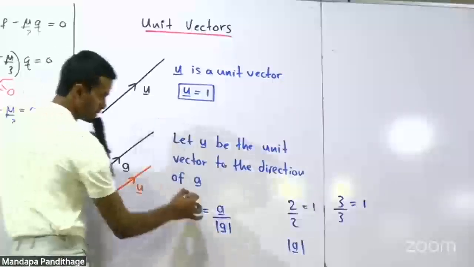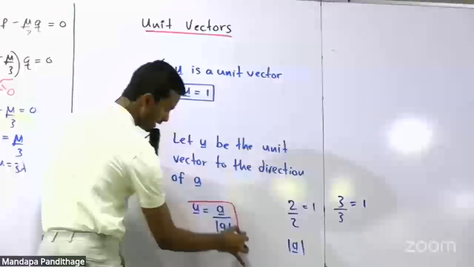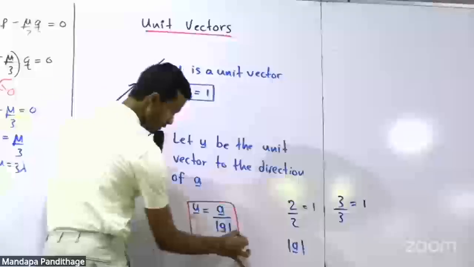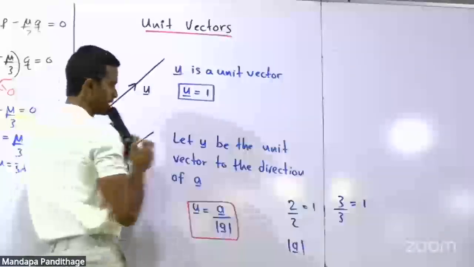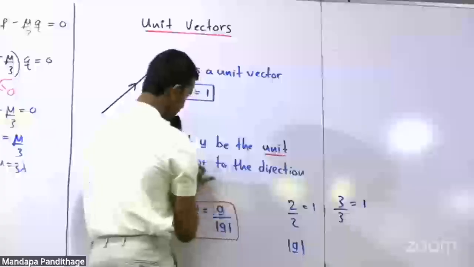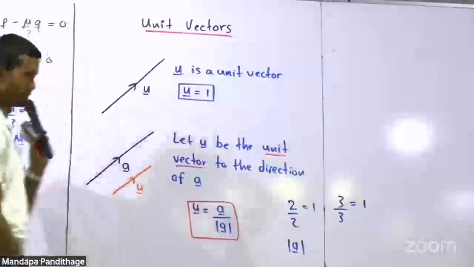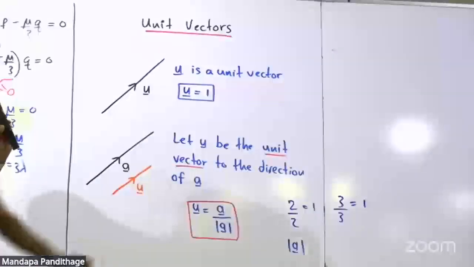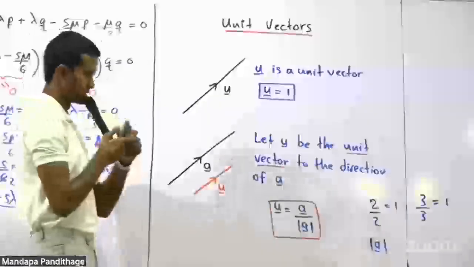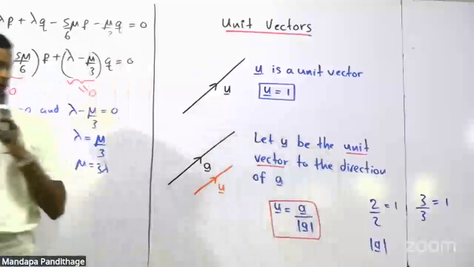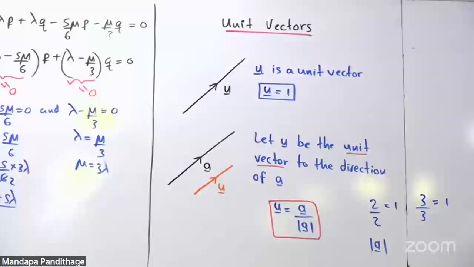Let U be the unit vector to the direction of vector A. Then U is equal to A divided by modulus A. We can put this inside a box.